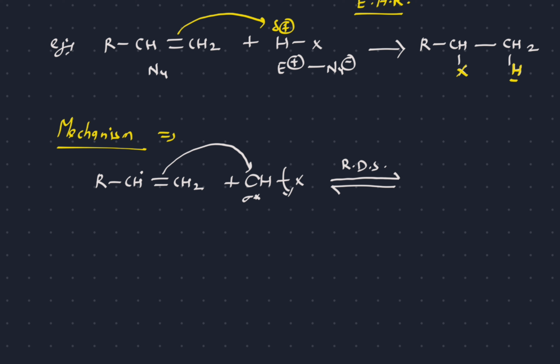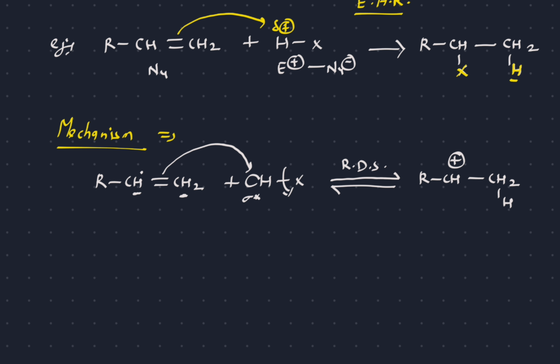In this step, a carbocation will be formed. Hydrogen will attach here and the carbocation will be formed. We have two options to form the carbocation: hydrogen can be attached on this carbon or on this carbon.